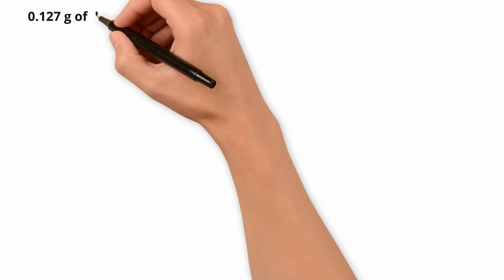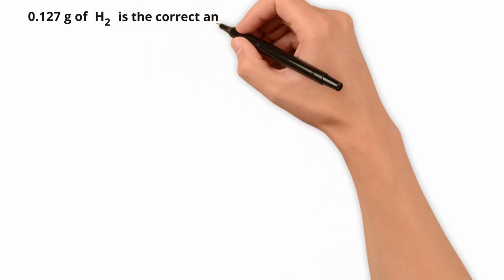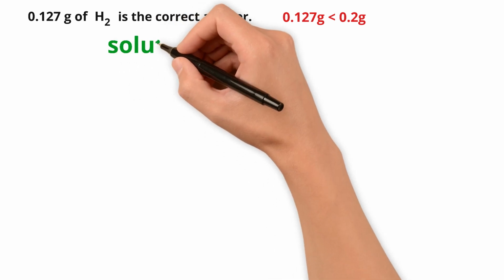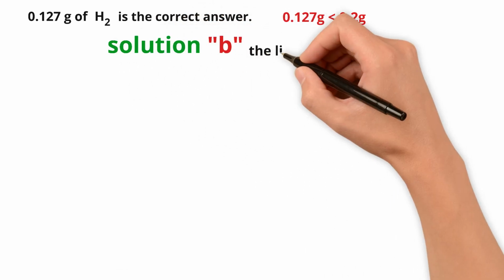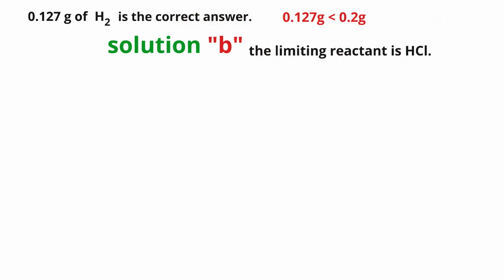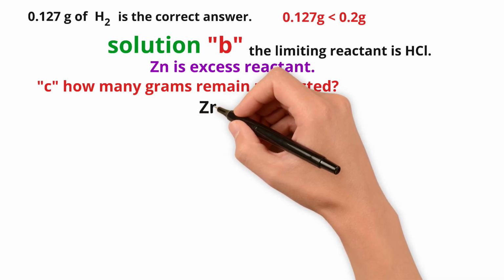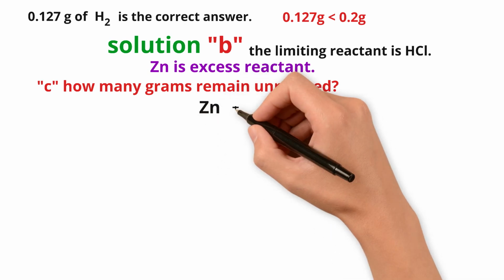Therefore, the correct mass of hydrogen molecule is 0.137 gram, because 0.137 gram is less than 0.2 gram, which is produced by the excess reactant, zinc. Solution B: the limiting reactant is HCl and the excess reactant is zinc.